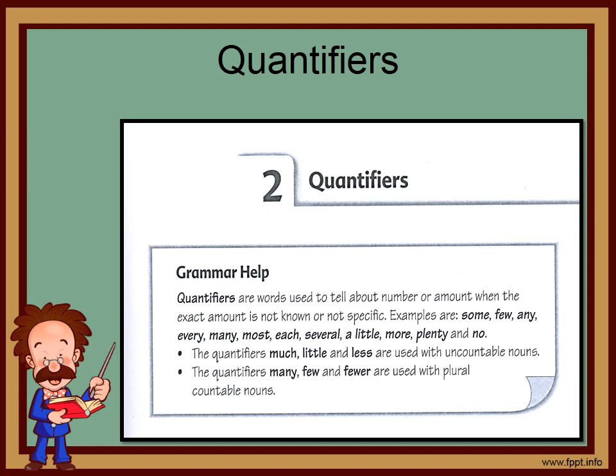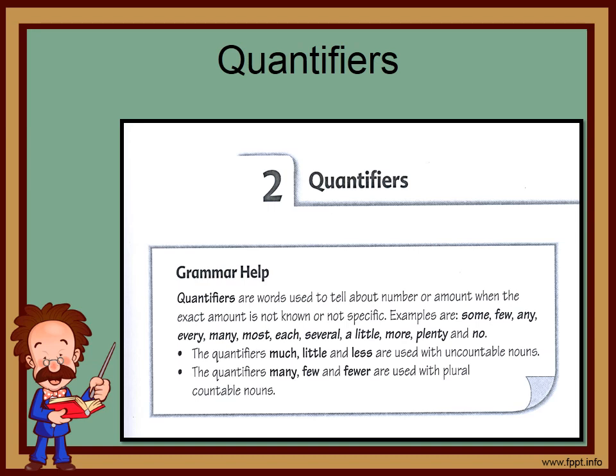Examples of quantifiers are here. We can use some, few, any, every, many, most, each, several, a little, more, plenty, and no. Now you have 2 points here. The quantifiers much, little, and less are used with uncountable nouns.